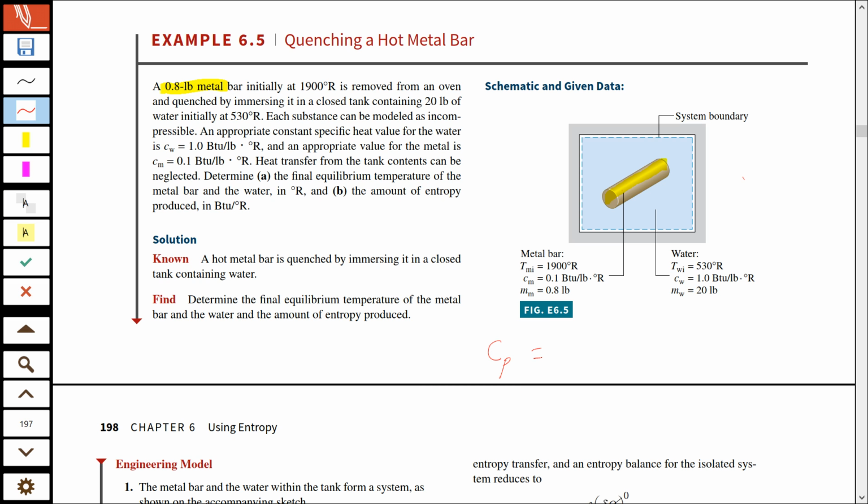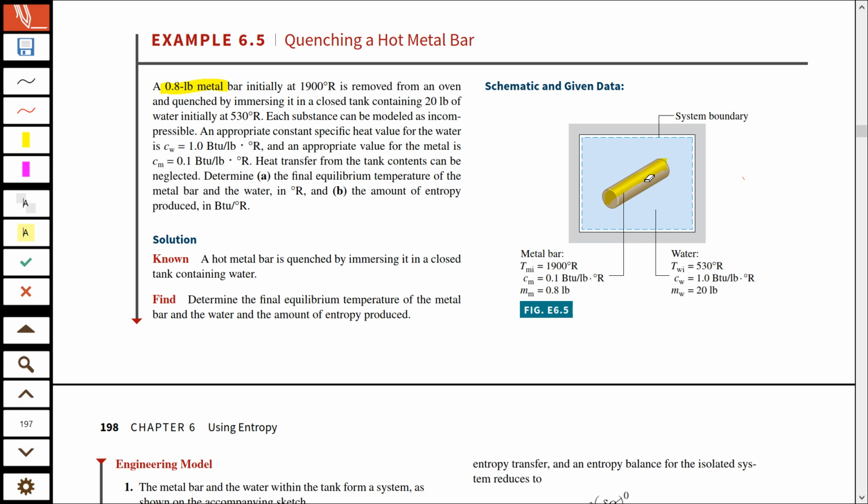You don't have to write Cp or Cv, it's just C. Now that C, of course, you will need one specific heat for metal and one for water. So we write Cm for the specific heat of the metal and Cw for the specific heat of the water.